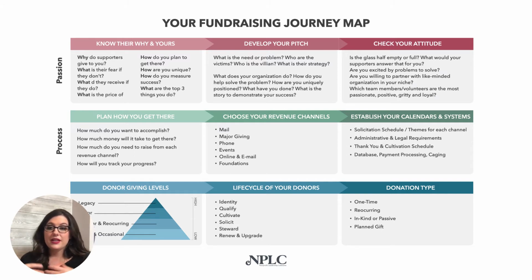Another option is to find a direct mail house or firm that will sign you as a no-risk client, it's called, meaning that you don't have to lay money down for the prospecting that you do, but they're going to basically recoup their costs off of your house file. Remember I talked about earlier whether you've got prospects and you have house files. So your prospect mail, you're usually going to lose money.